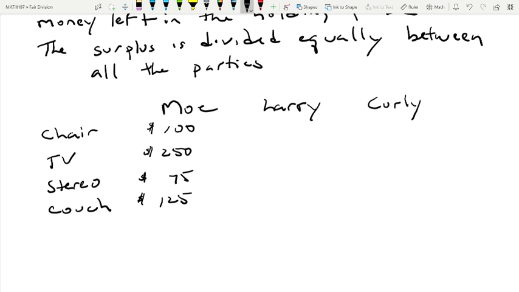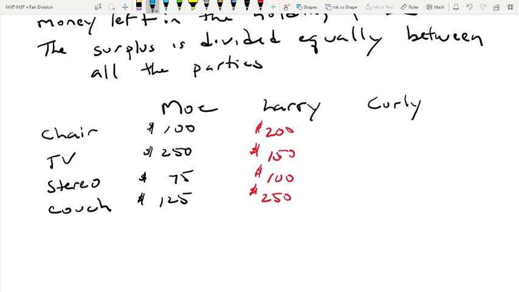Larry does the same thing. He says the chair is 200, the TV 150, the stereo 100, and the couch 250.